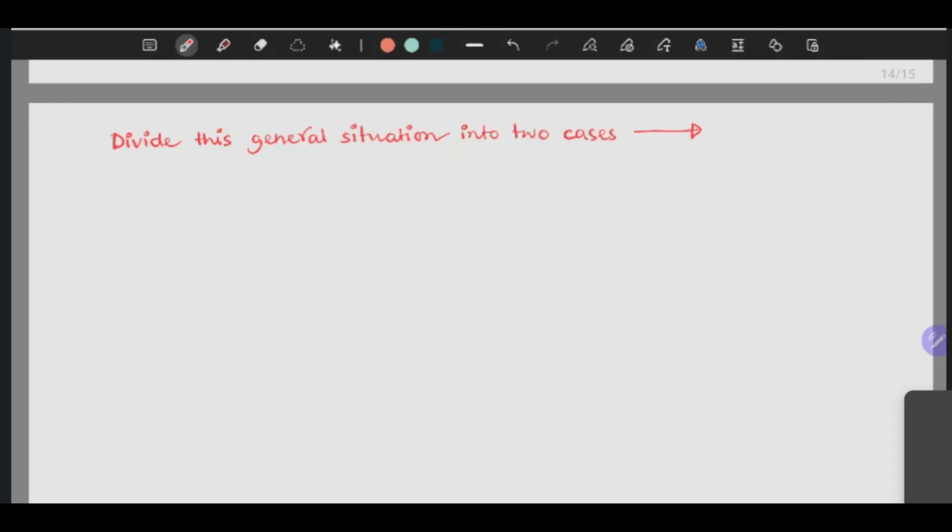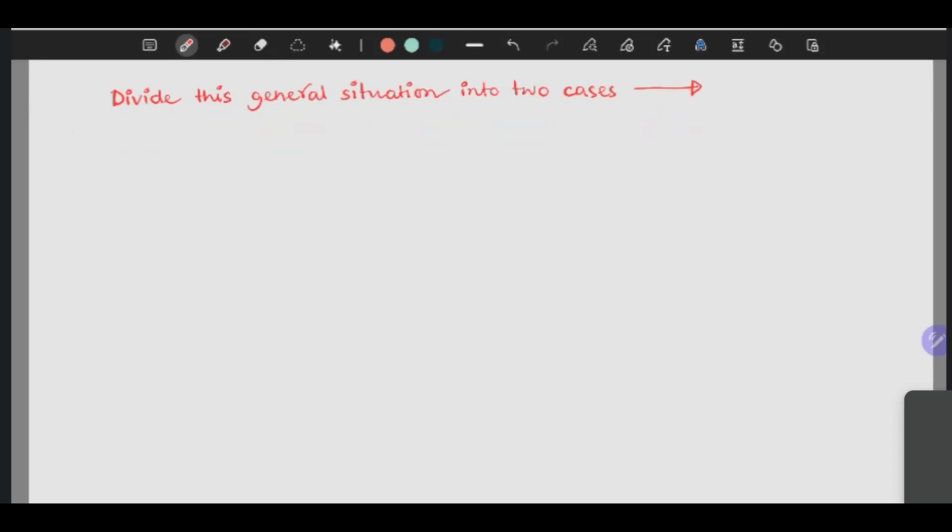First, he wins his first bet with probability P. If he wins the first bet, then he has n plus 1 rupees for the next round, right?